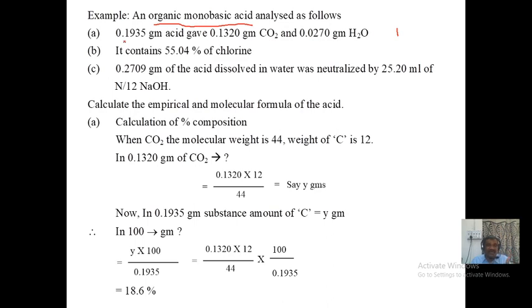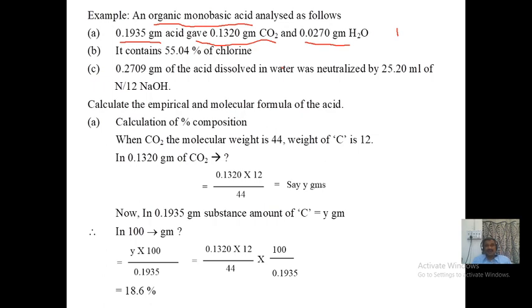this sample, laboratory 1 or student group number 1 says that, sir, we took 0.1935 gram of this acid. After our experiment, it shows that 0.1320 gram of carbon dioxide and 0.027 grams of water vapor.